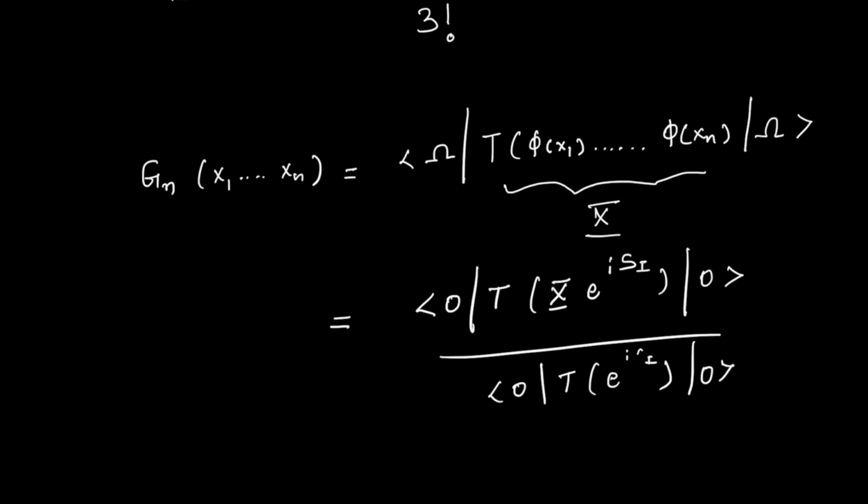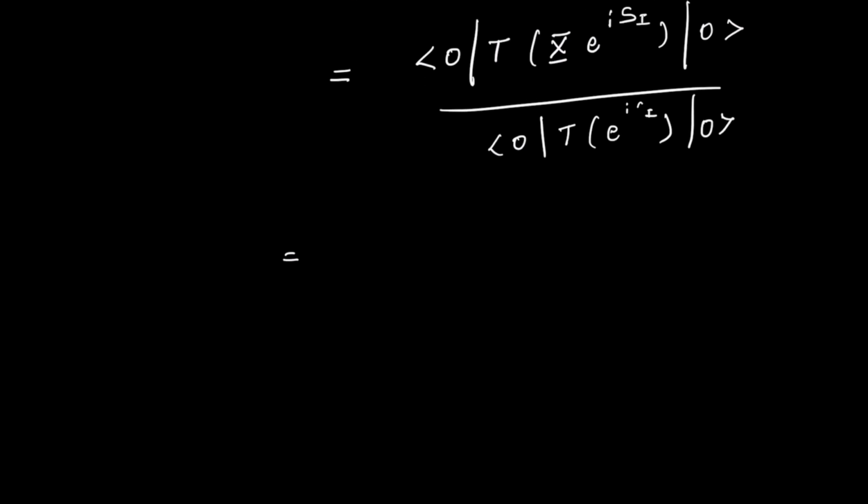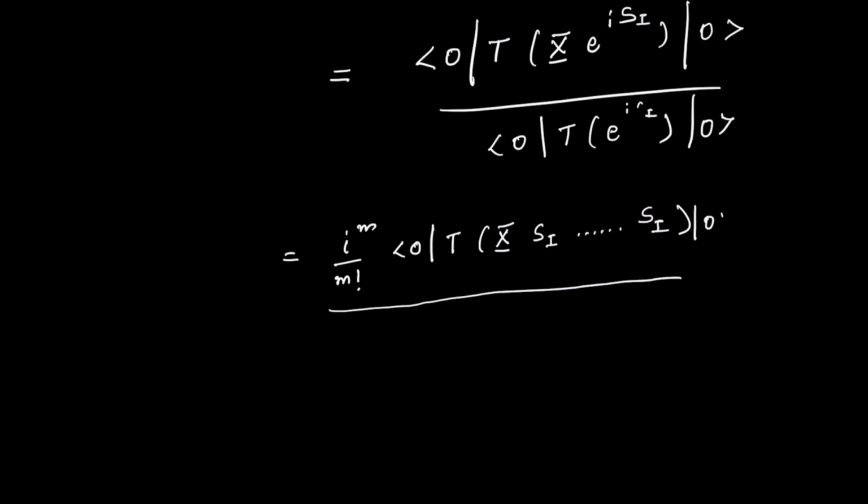After expanding the power series, the mth order perturbation in the numerator becomes i raised to m by m factorial, time ordering of x bar, then S_I m times, and in the denominator i raised to m by m factorial, zero, time ordering of S_I.